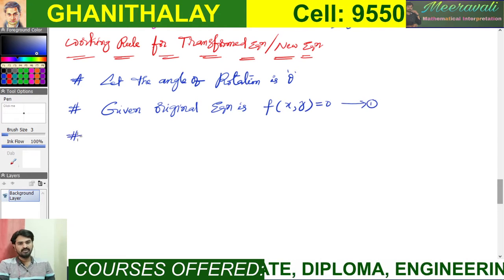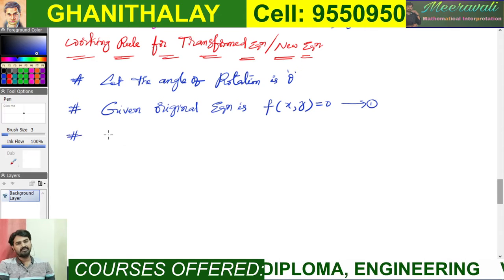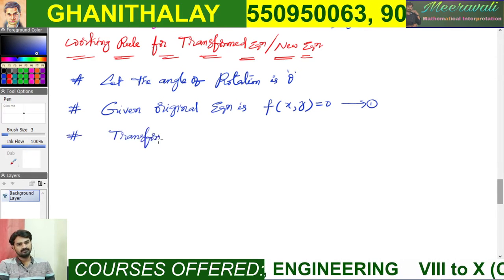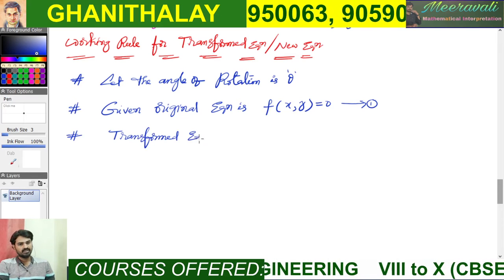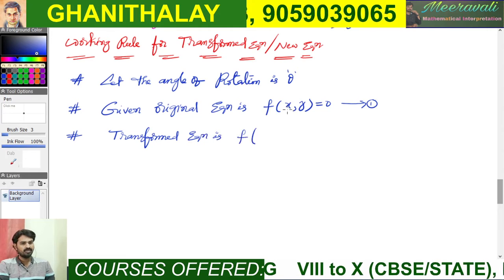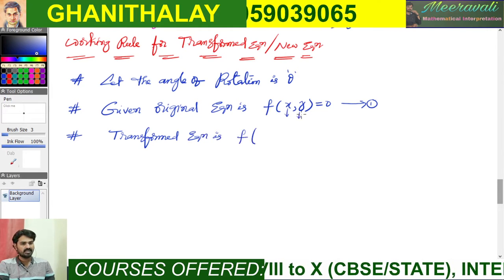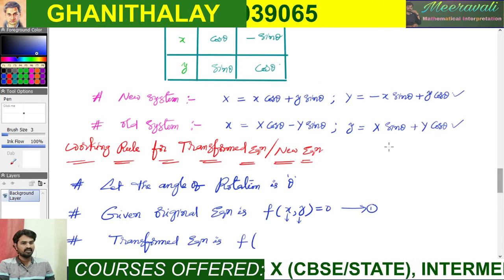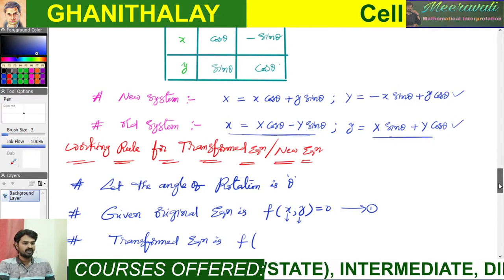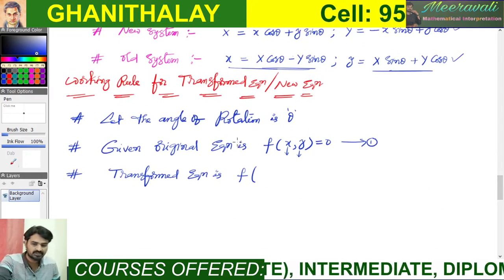Now by using that, you can find the transformed equation. The transformed equation is f of, simply you can write small x answer and small y answer. What is in the old system? This one. So you can get the new system equation.